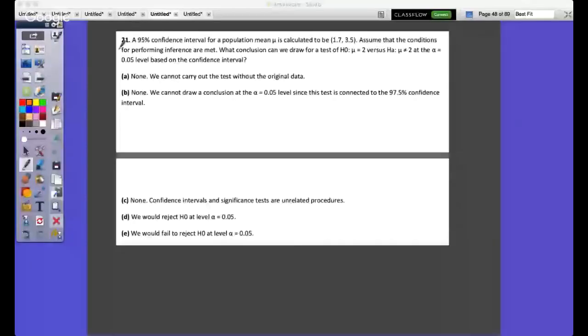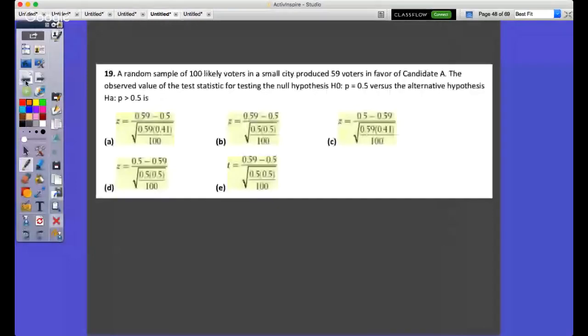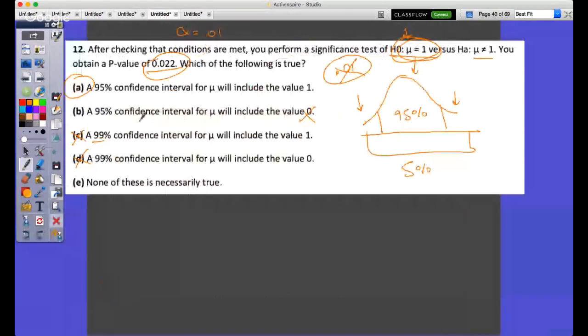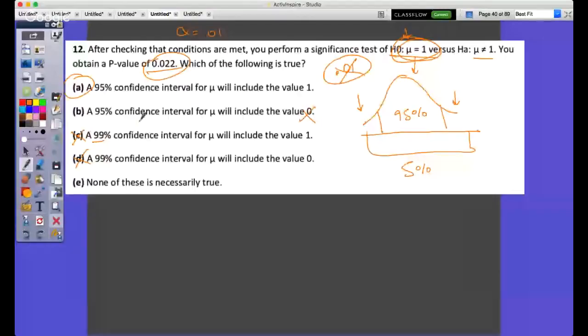Number 12 is C. Is 12 C? Let's see here. See, number 12 is incorrect, y'all.